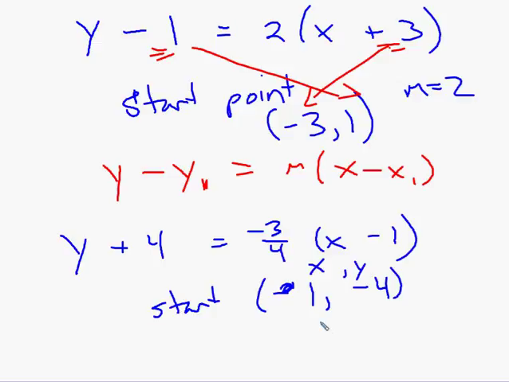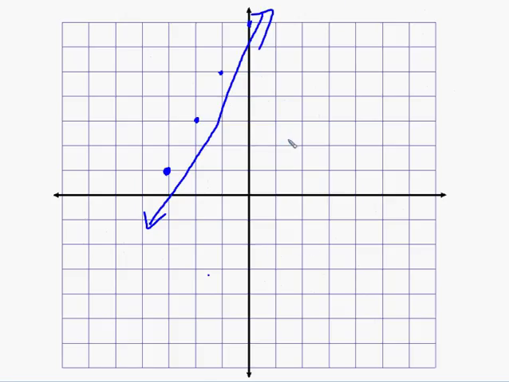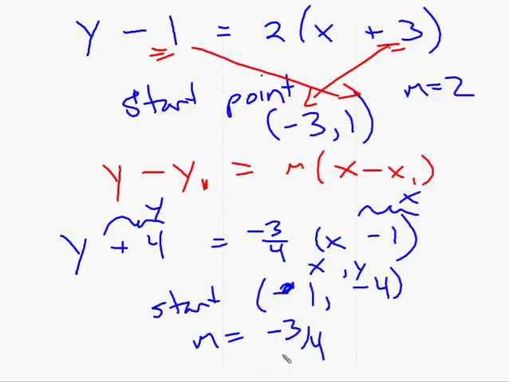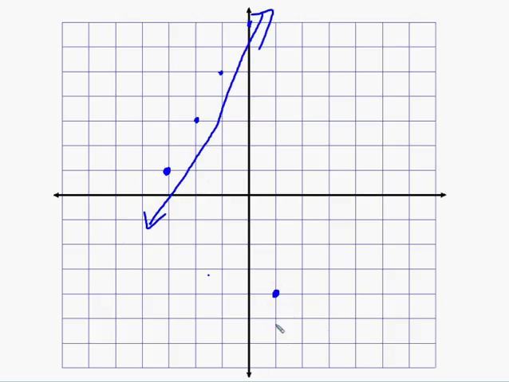It's x comma y. This is the x part, this is the y part. Alright, what's my slope? Negative 3/4. So I plot this point, 1, negative 4, and then from there, down 3, right 4.